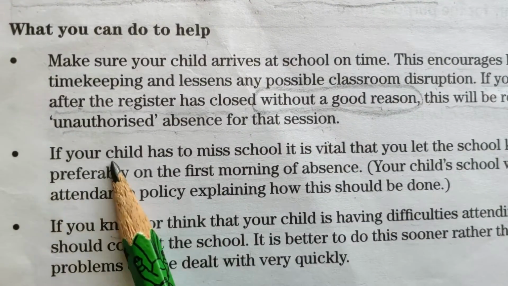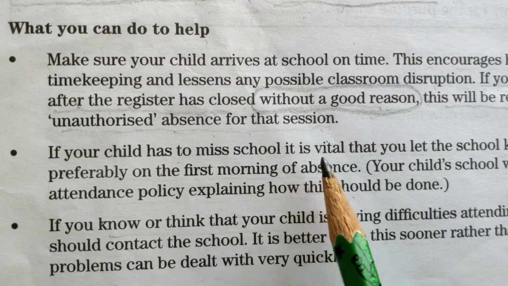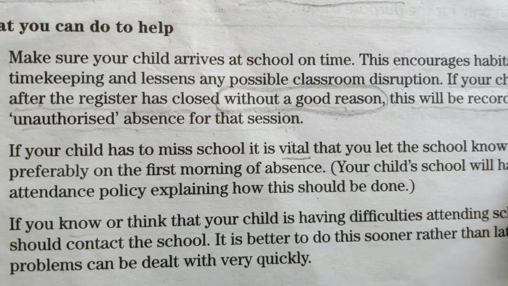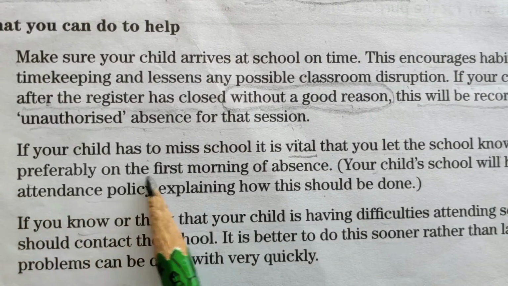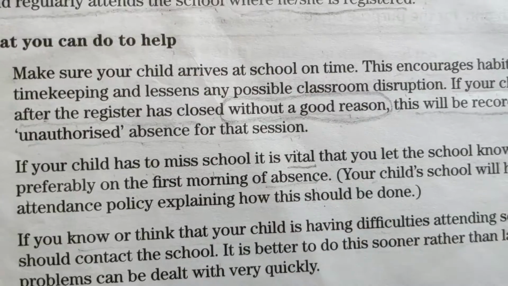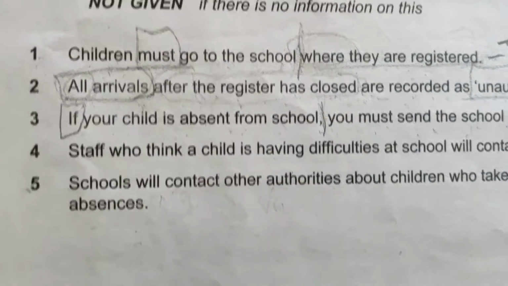Okay, if your child has to miss school, it is vital, it is important that you let the school know why, preferably on the first morning of absence. If your child has to miss school, okay, the first half is matching.